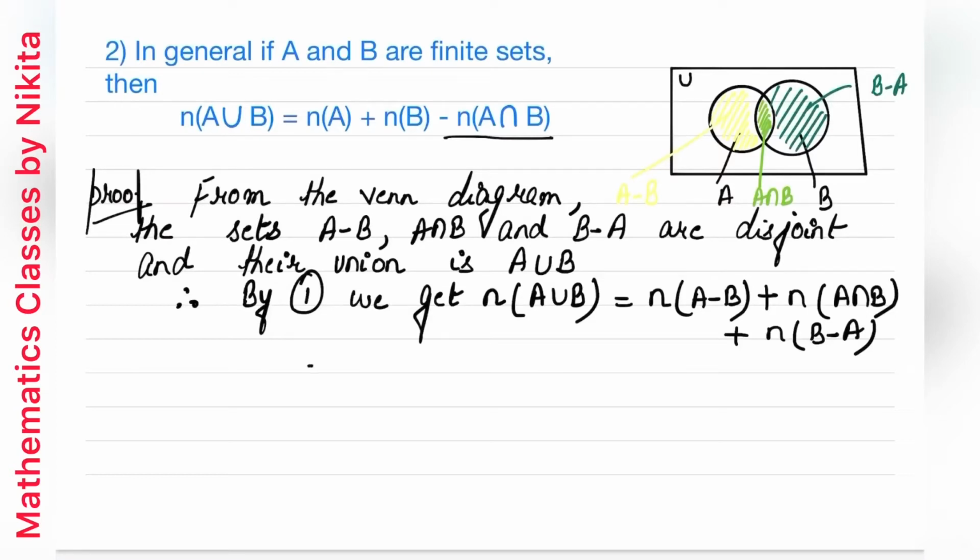So what I will do is, I know that I can add any number and its negative to anything because the resultant is 0. So on the right hand side I will add and subtract.